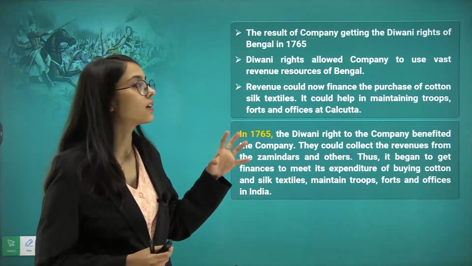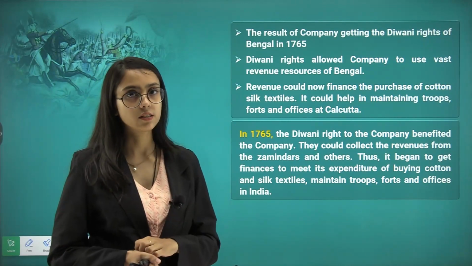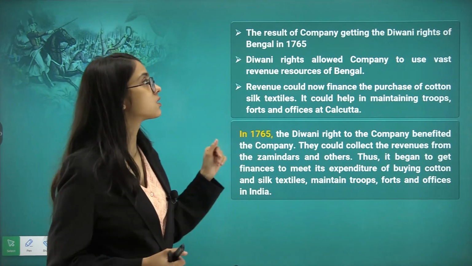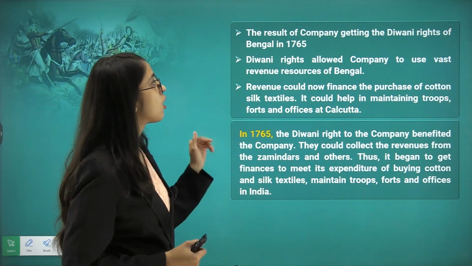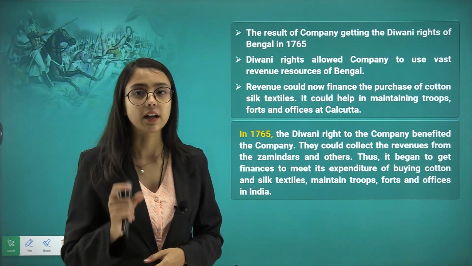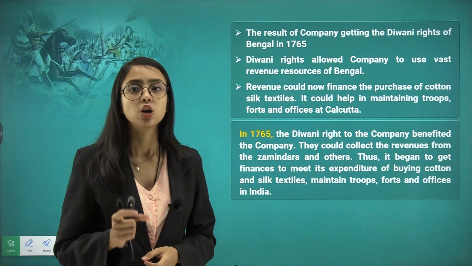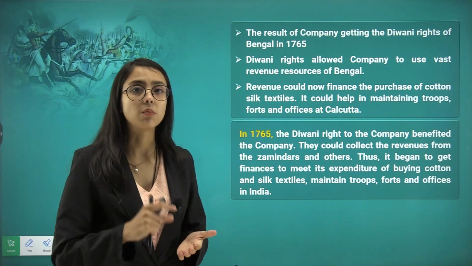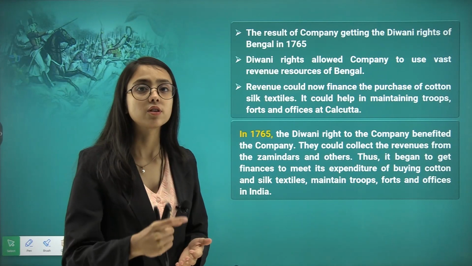Now, after that, the company got Diwani rights. What happened after that? The result of the company getting the Diwani rights of Bengal in 1765: as per the Diwani rights, the company was allowed to collect vast income and revenue from the province of Bengal.